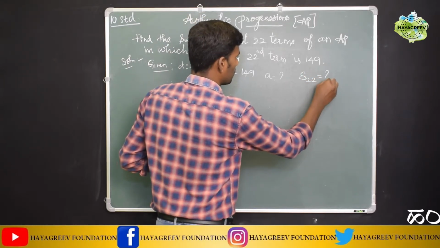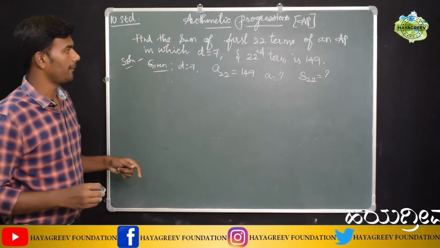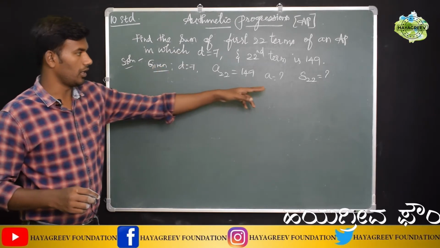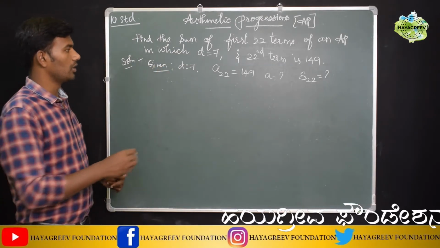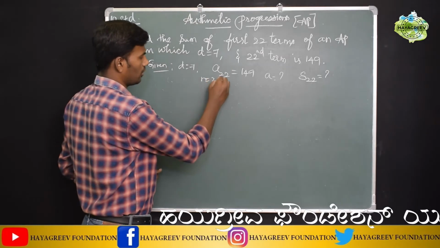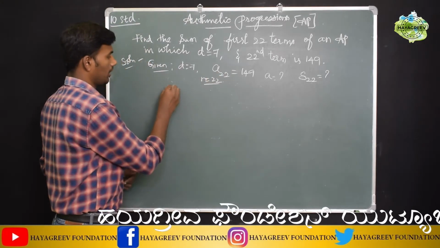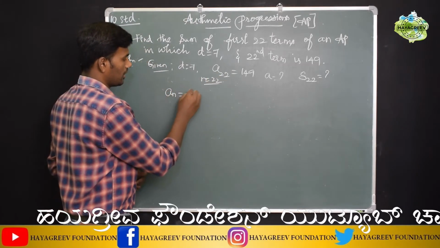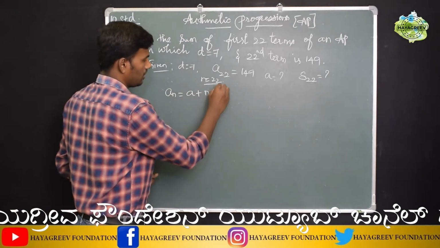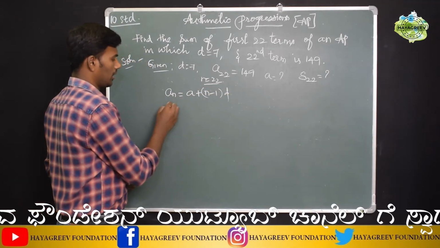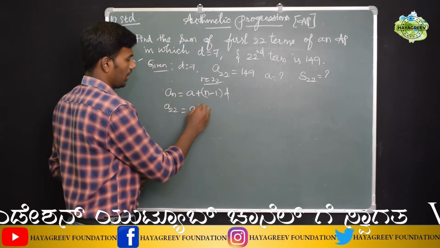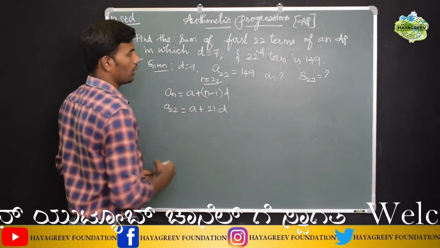So clearly n is 22, no need to worry about it. Then an is equal to a plus n minus 1 into d. In that case a22 is equal to a plus 21 into d.